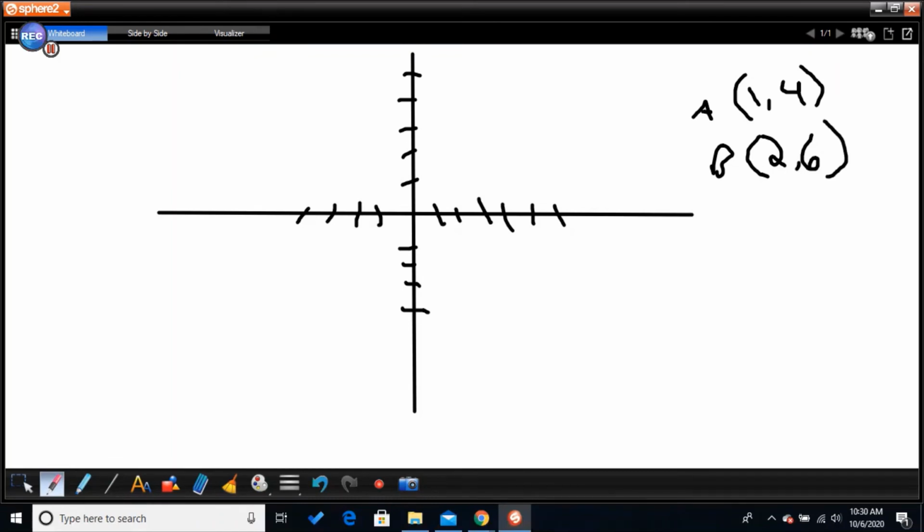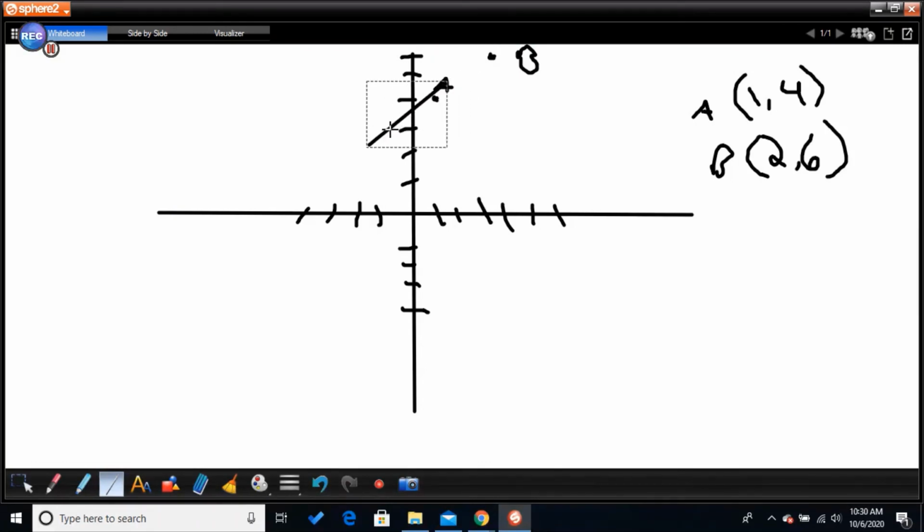Alright, so let's plot that point. So we have 1 over, then up 4. 1, 2, 3, 4. Point A. Point B is 2, 6. So you go over 2, up 1, 2, 3, 4, 5, 6 would be about right there. Okay, and that is point B. And you only need 2 points to plot a line.